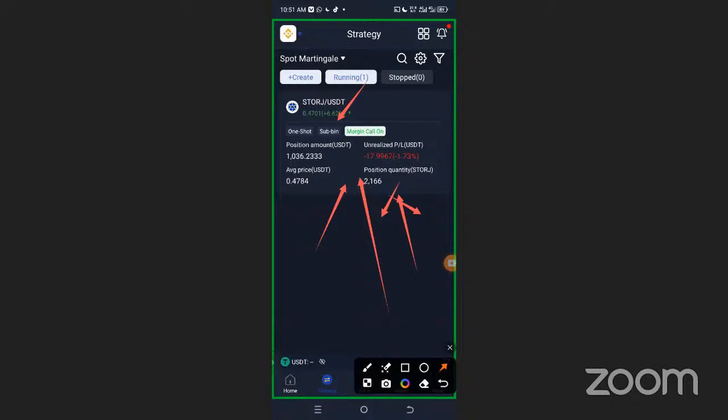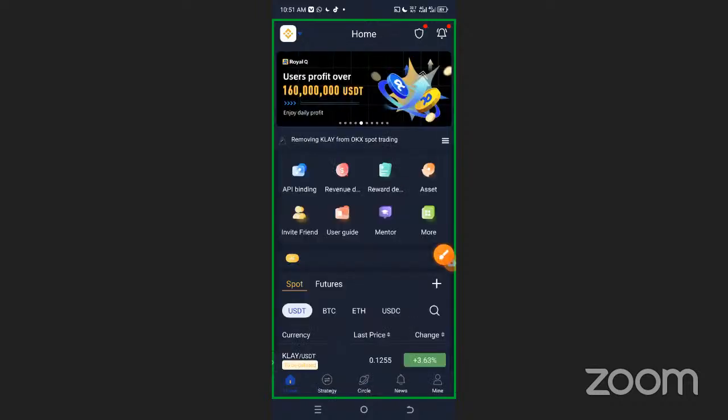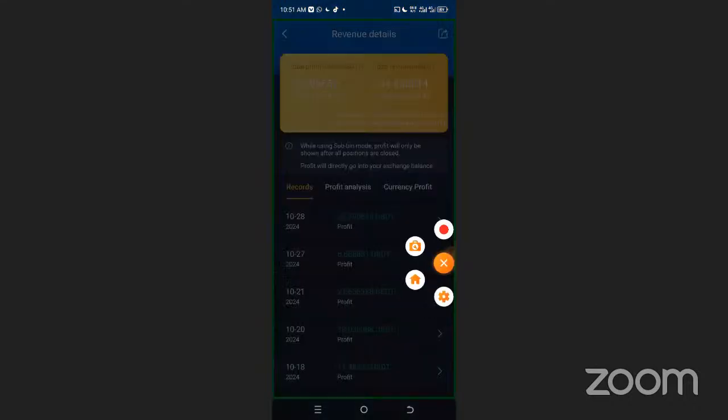You get it? But what makes you trade so many coins? Is it mistakes that you make? Are you thinking that trading very many coins is going to give you a lot of profit? So for this coin I am trading, this is the amount of money it has given me so far.